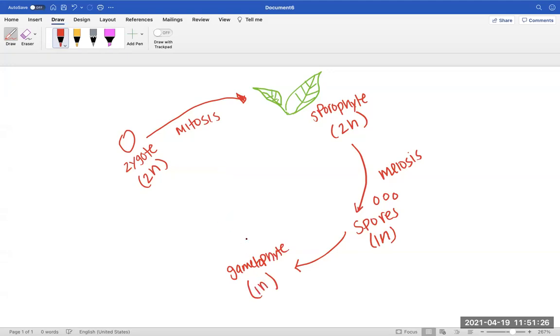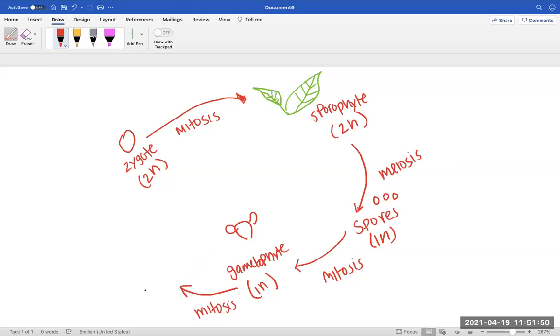I'm going to just try to draw some pollen maybe for the gymnosperms. Then this gametophyte goes through mitosis again. Oh, I forgot to mention which stage is here. Meiosis or mitosis? Mitosis.